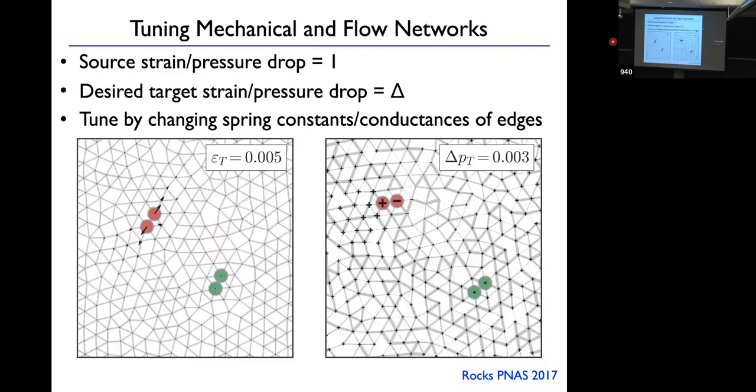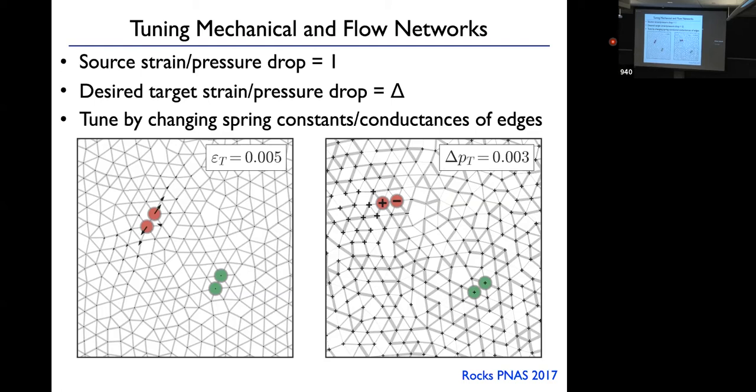And it works. So here is the network. This is with periodic boundary conditions. I have 2D ones so you can see them, but we do this also in 3D. And so here's my source edge. I'm putting a strain, which I call 1, on the source edge. And this is the initial strain across the target. It's much smaller than the source.